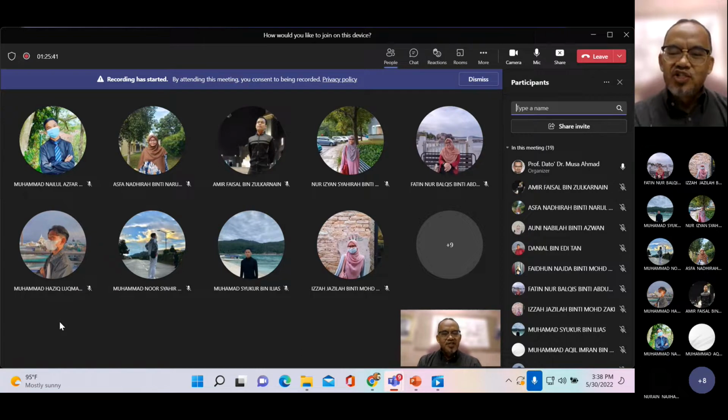Dan ciri-cirinya, satu, kita kena tengok sama ada dia mempunyai saturated bond ataupun unsaturated bond. Saturated bond, maknanya dia semua single bond.